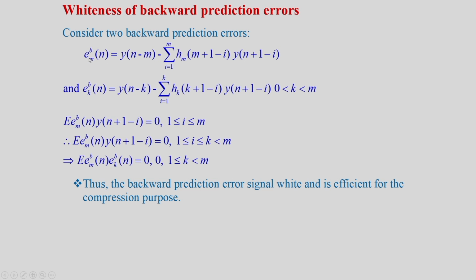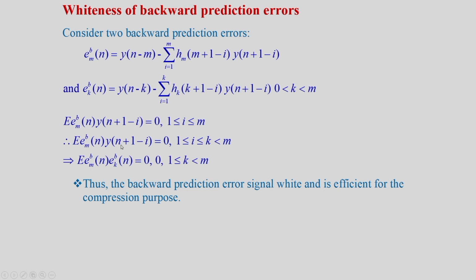Clearly, from this, E of EmB(n) is orthogonal to Yn+1-i, with i lying between 1 and m, because of the linear minimum mean square error estimation. And since k is less than m, E of EmB(n) into Yn+1-i will be equal to 0 for all i less than or equal to k, where k is less than m. Now, this backward prediction error is a combination of data between 1 and k.